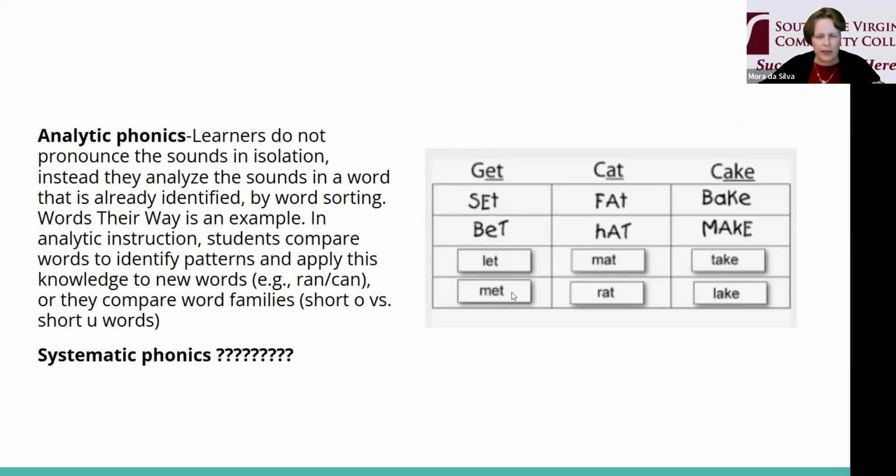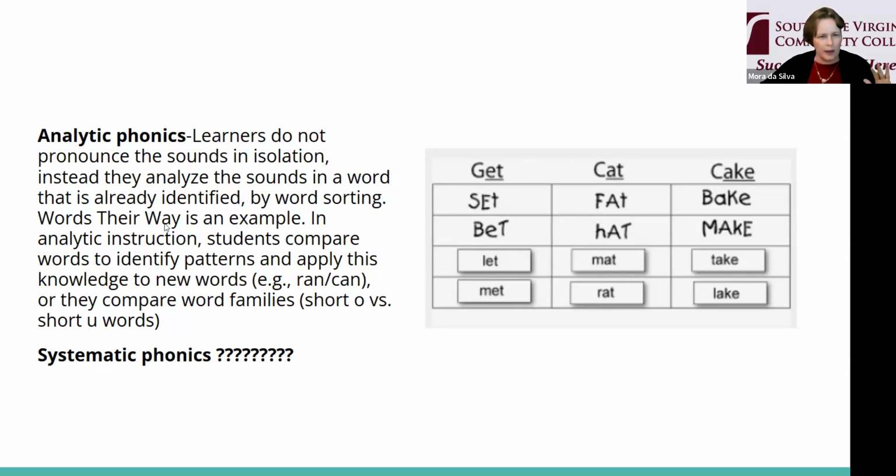Analytic phonics looks more like this. When you are sorting words, you're analyzing, you're seeing that there's a pattern here, this ET pattern, and just a letter being changed at the beginning. So your students are sorting and analyzing.